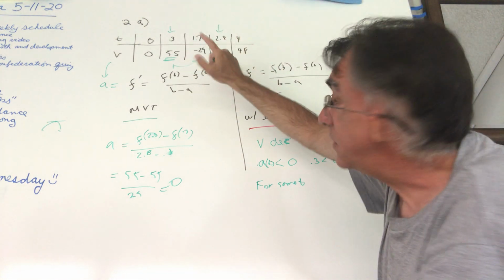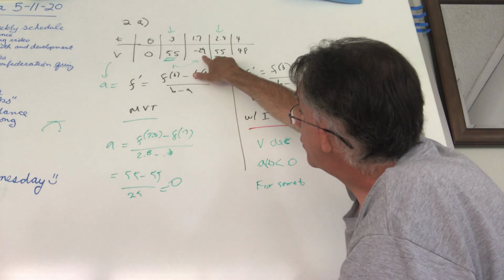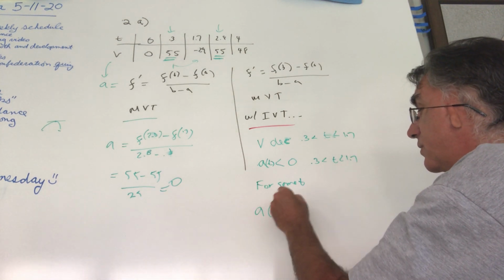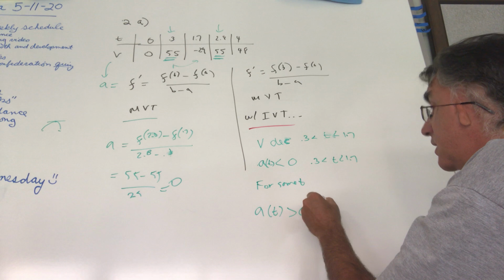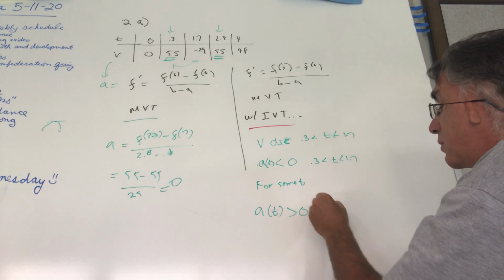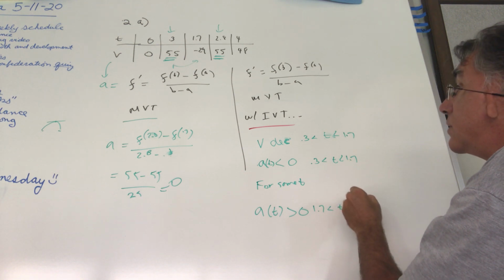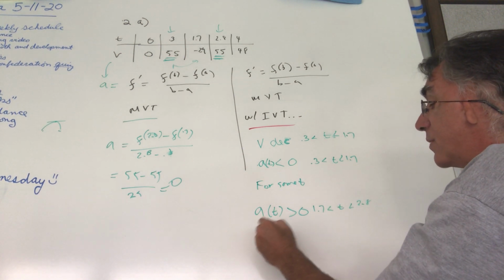On the other hand, I go from negative 29 up to 55, same thing. The acceleration would have to be positive on the interval 1.7 to 2.8 for some t.